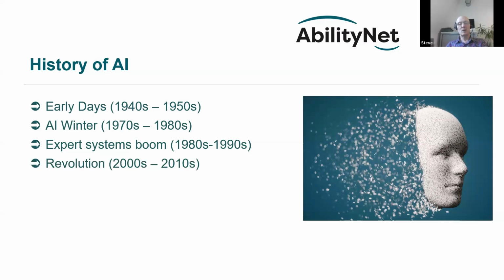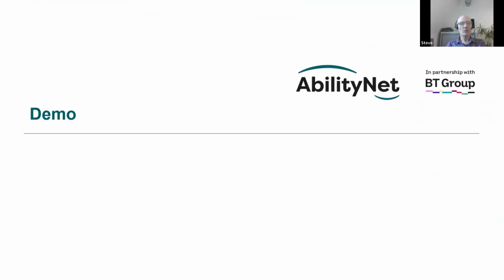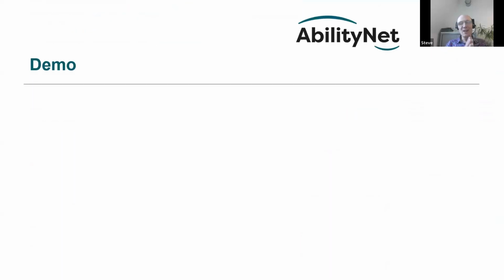And then in the 2000s and 2010s, there was a massive revolution with the increase of computer power. There was a massive change in how powerful computer systems are. And that led to today where we see AI starting to infiltrate all areas of our life. Okay, so that's a lightning quick 5-minute tour through AI and where AI has come from.